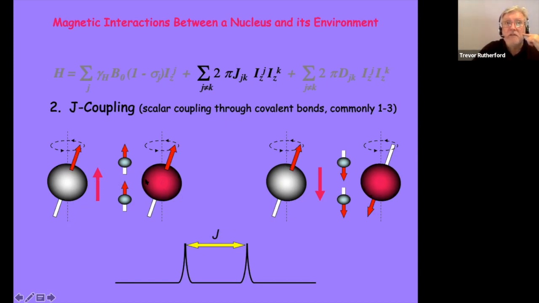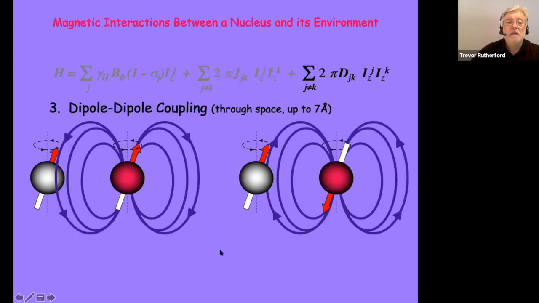So it depends on the geometry, the torsion angles that you have around the atomic bonds and the extent of all the orbital overlap that you get in the covalent bonds in the network. So it gives us some information about the geometry by measuring the magnitude of J coupling constants.